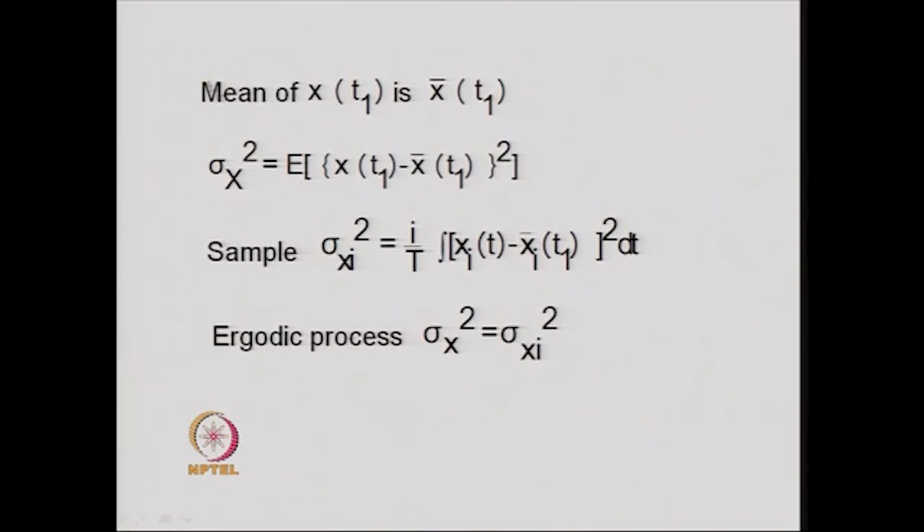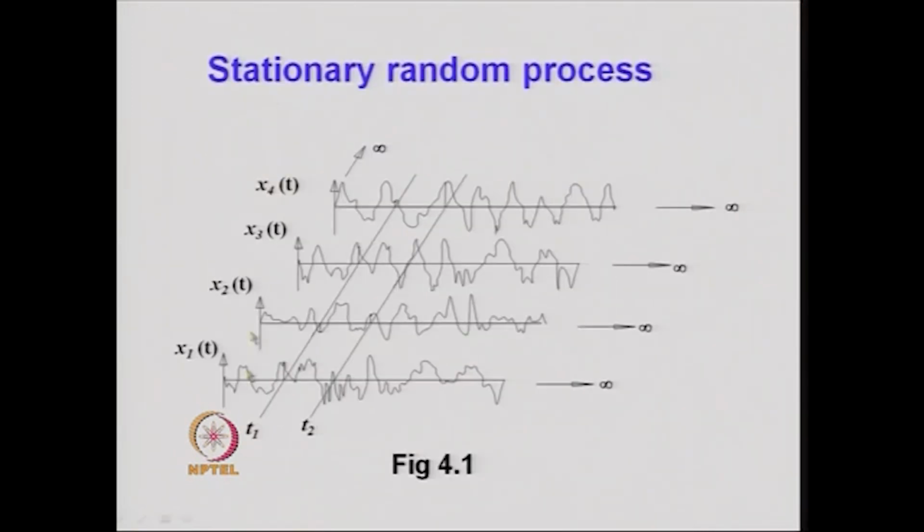This is called the variance that we have also discussed before. If we find that the variance of the ensemble at t1, at t2, at t3 and t4, all of them are more or less the same, then we can call this also a process having a variance that is invariant of the time shift.